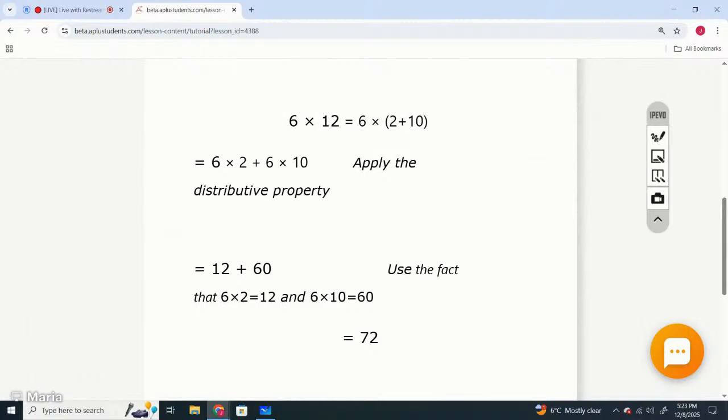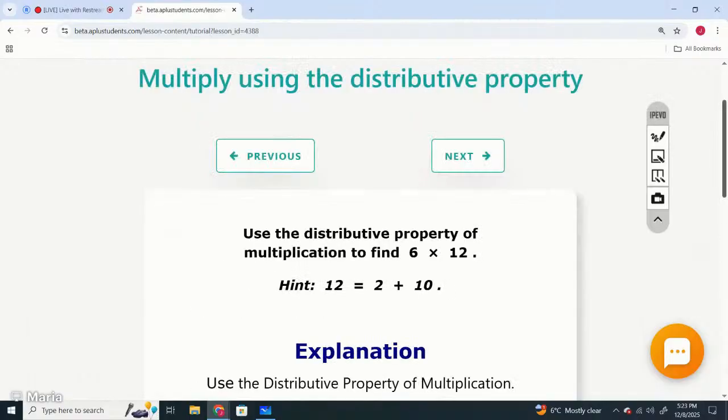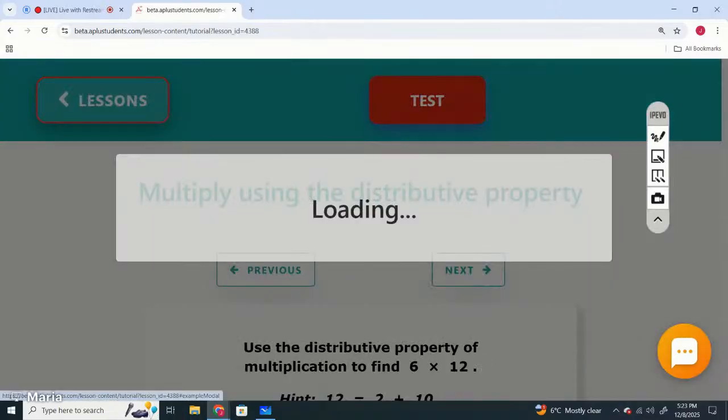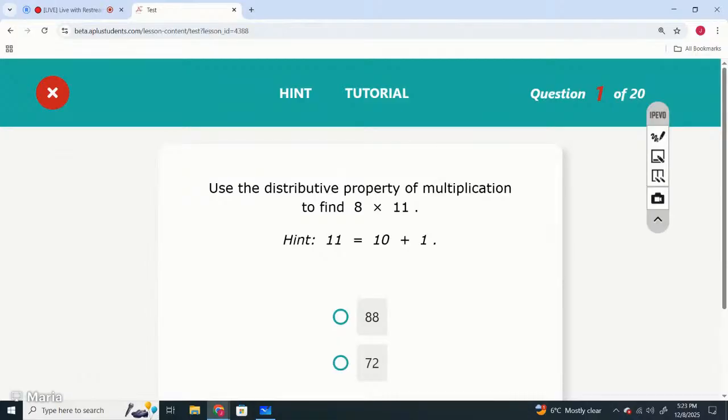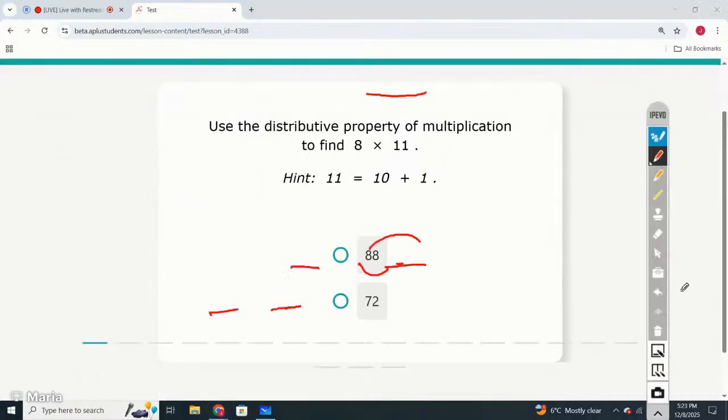Let's just start with the test questions. Use the distributive property of multiplication to find 8 times 11. So we need to use the hint.